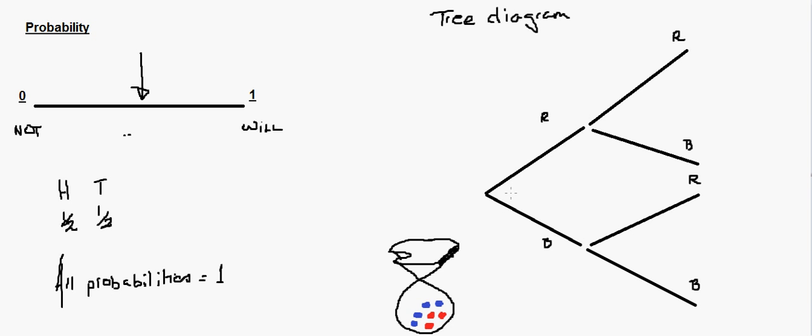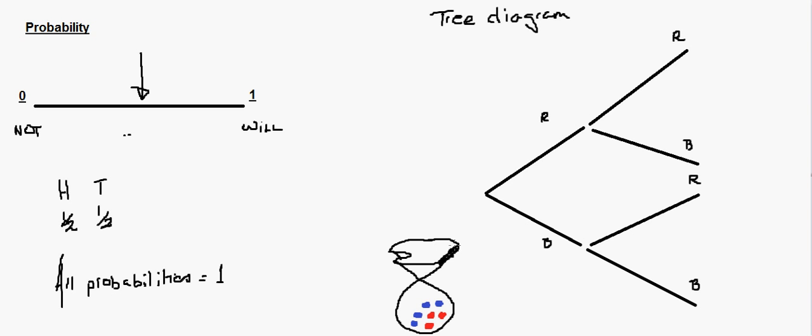So for example, let's say we have a bag here with coloured beads in. And yes, I know as an artist I'd probably make a good mathematician, but we have a bag here with some counters or balls or whatever, and we have 4 blue and 3 red.